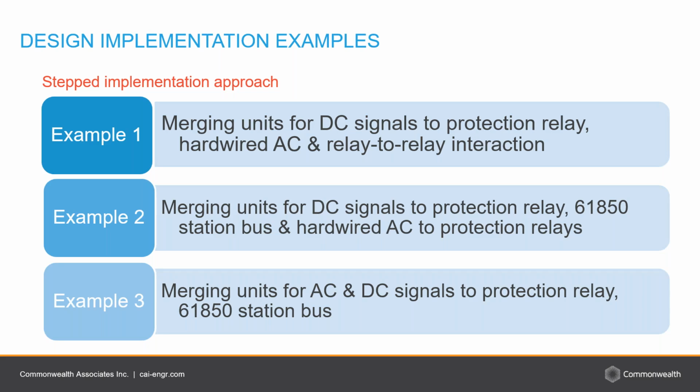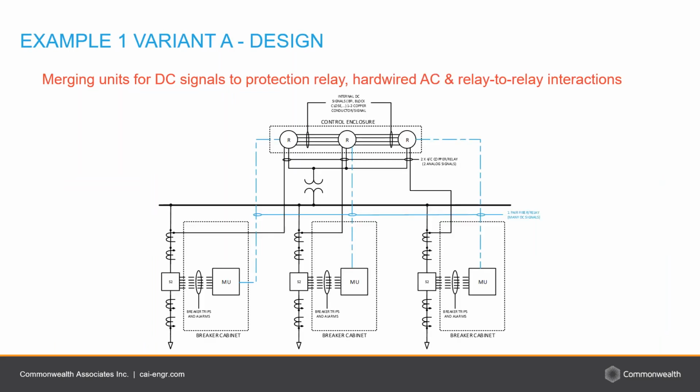So first things first, we're going to go to variant A of example 1. Merging units for DC signals to protection relay, hardwired AC. You can see our currents and our potentials are still hardwired to the relay, as are the relay to relay interactions.